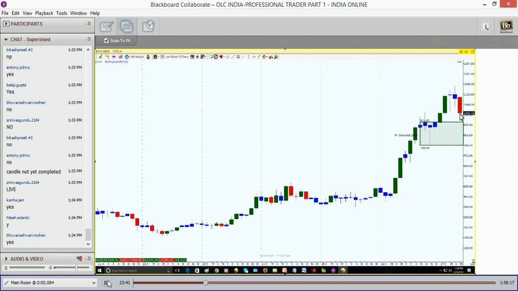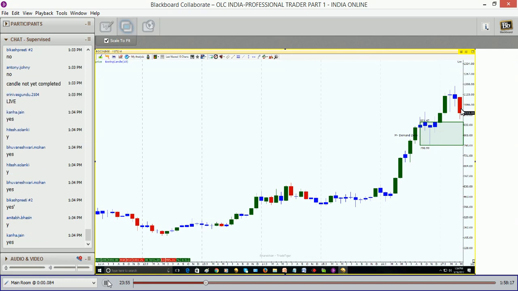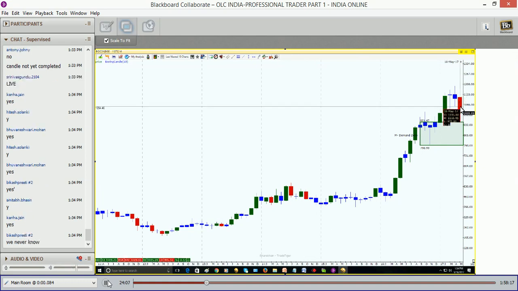Is it possible that since this is a live candle, this candle closes as a boring candle, or maybe even closes as a green candle? Absolutely. Therefore, we cannot mark this as our fresh supply zone because this candle has not closed.